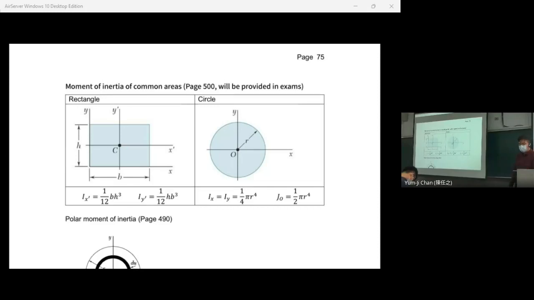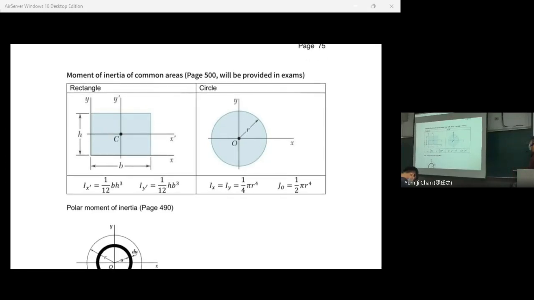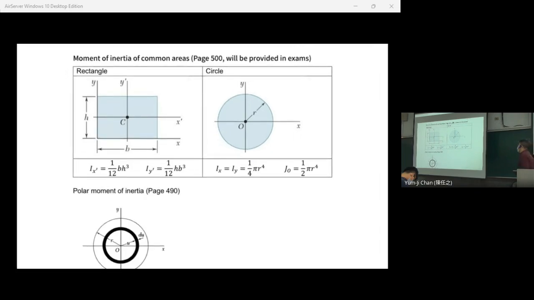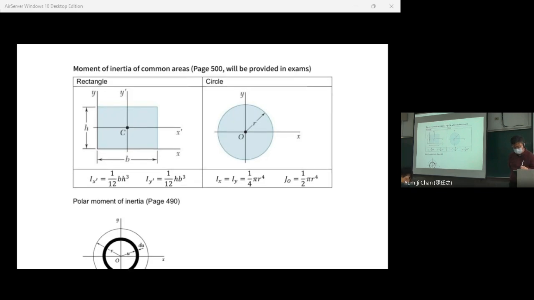Now there are some equations for you to know. Of course you don't need to memorize these; they will be provided in the exam.